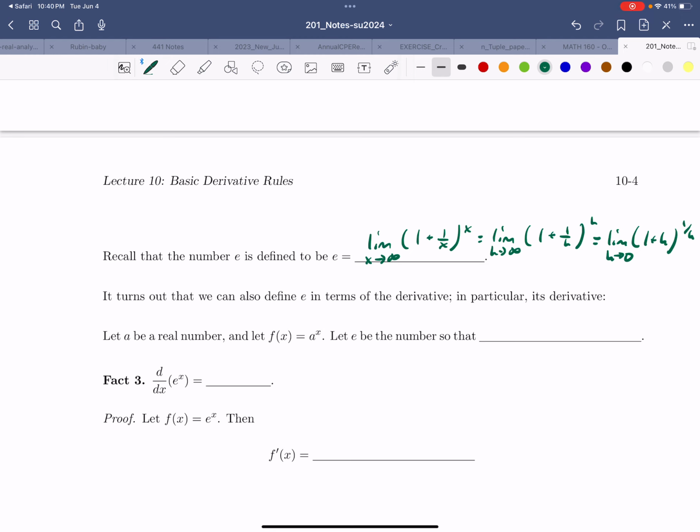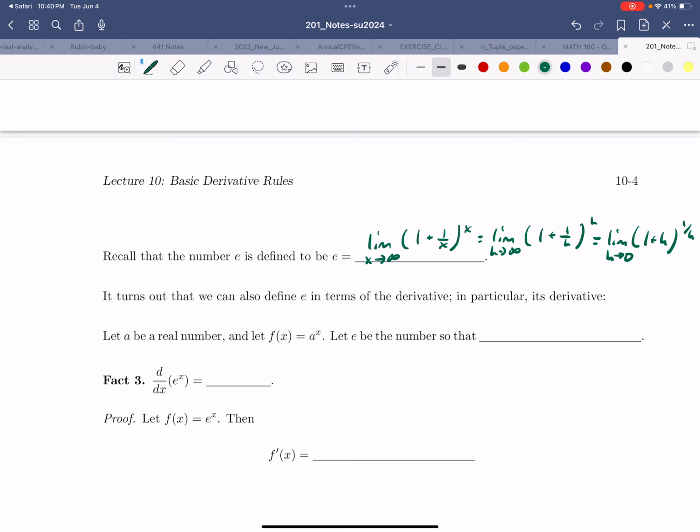So anyway, if you let that equal e, you can use that definition to define e in an alternate way, just using a bunch of simplification and ln's, which I can do in class if you want to see it, but I won't do it right now.